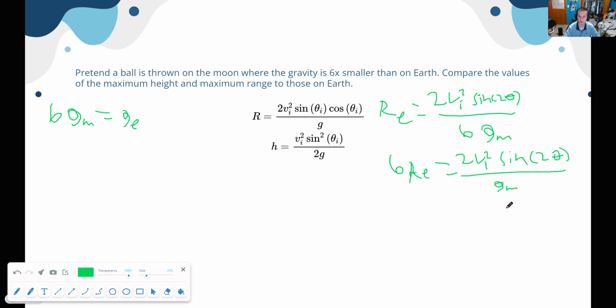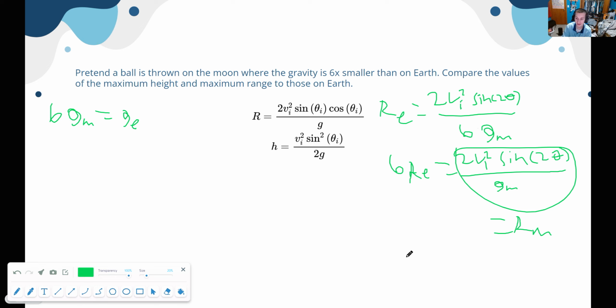And if you think about this for a little bit, okay, we have a g down here. This is now back to this form. We don't have this extra 6 over here. You will recognize that that whole part is equal to the range r sub m.